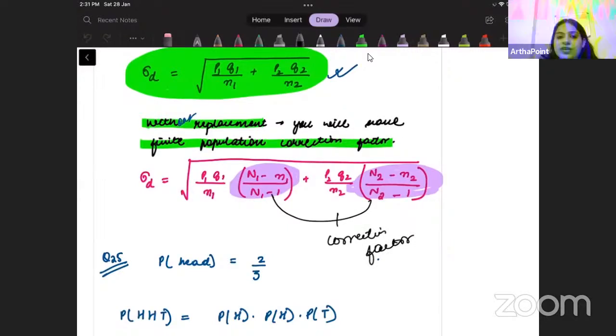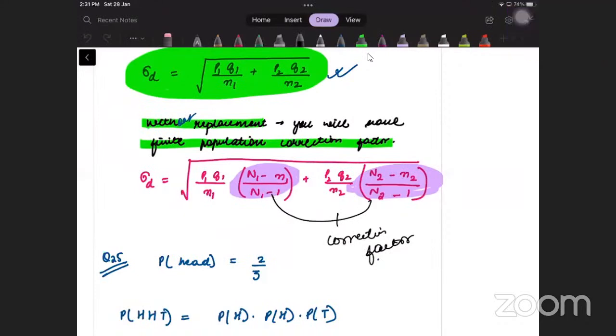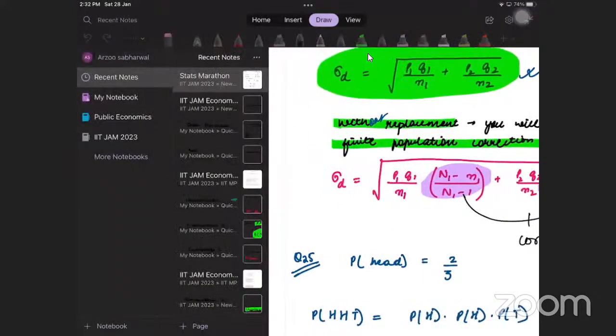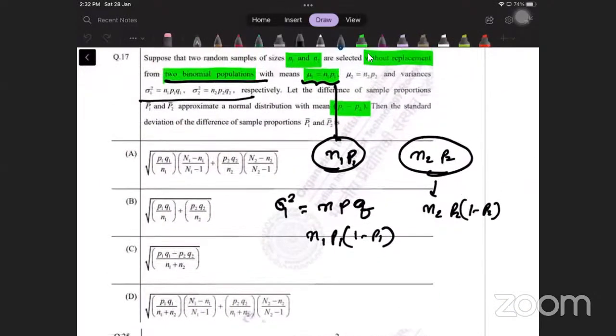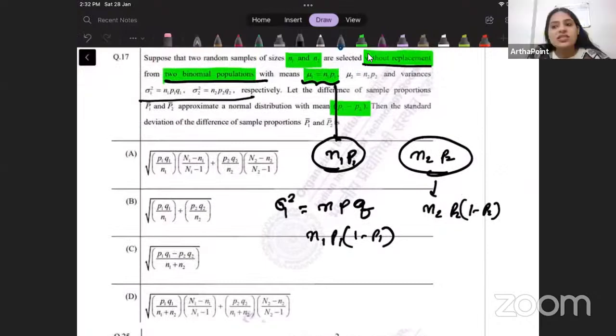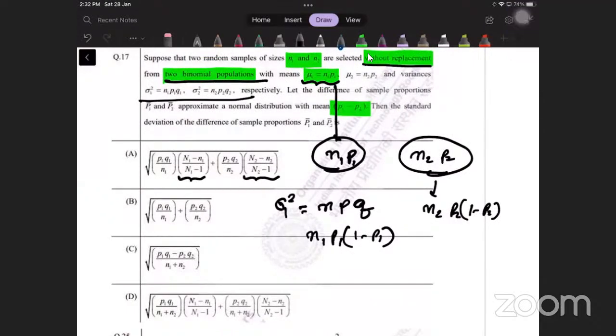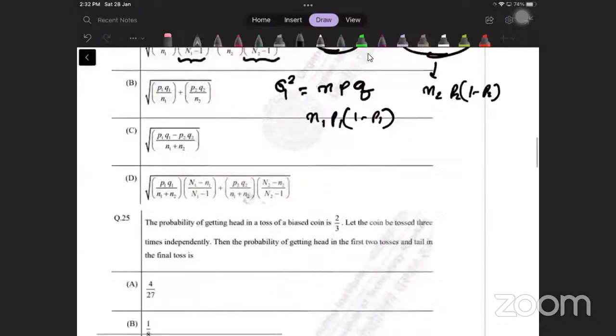Everywhere you see without replacement versus with replacement, you have to make sure that you include this correction factor. That's the only trick to these questions. Because the question is asking without replacement, I have included the population correction factor here. Wherever you do without replacement, this factor will come into the picture. So the answer to this question is A.